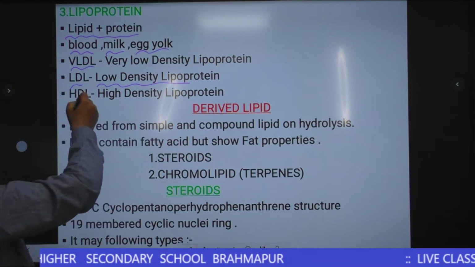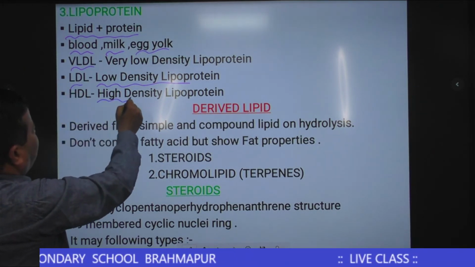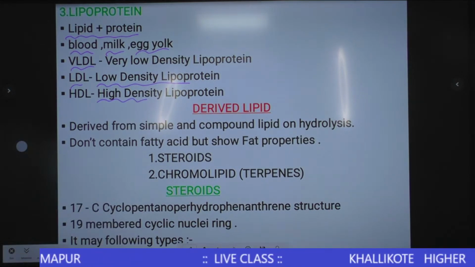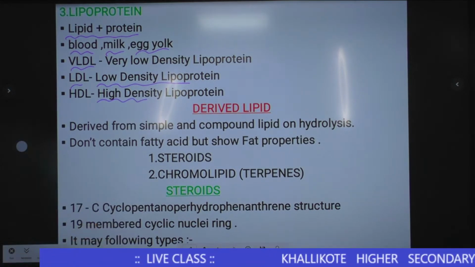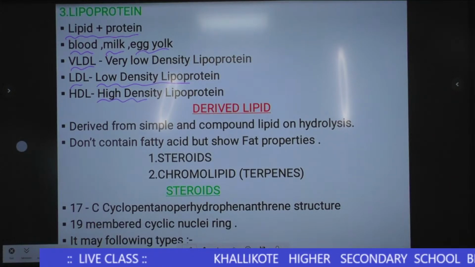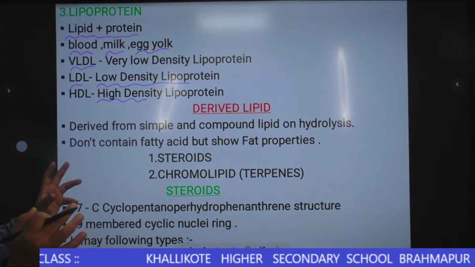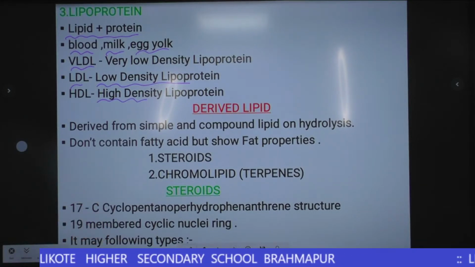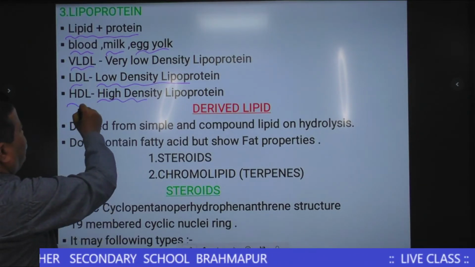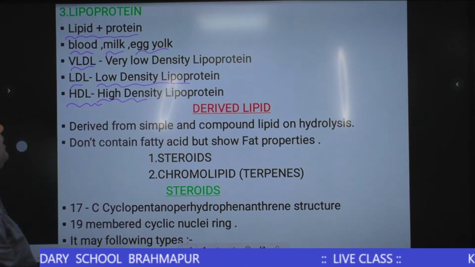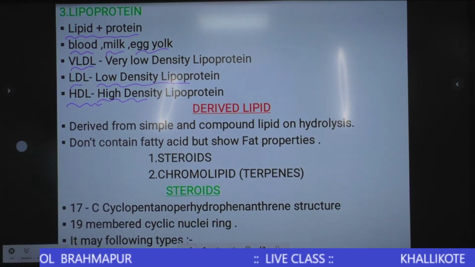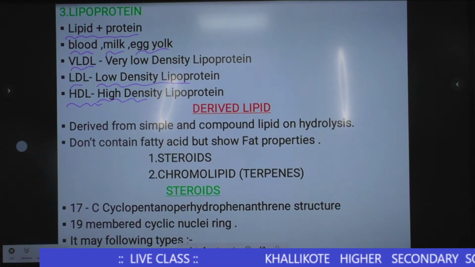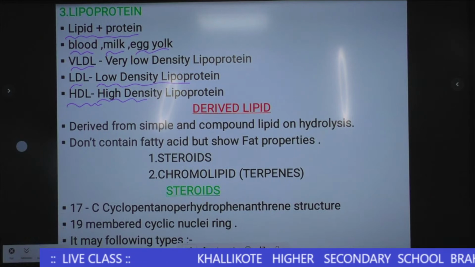Those lipoproteins having high density are good fat, good lipid, means they have no harmful effect in our body. Especially HDL is very, very good. They are the very good fat or lipid of our body. But these are all about your compound lipid.